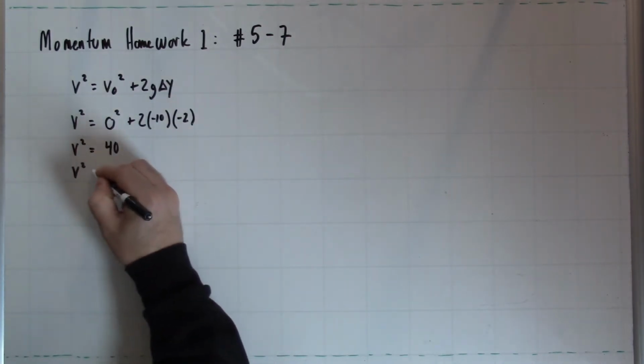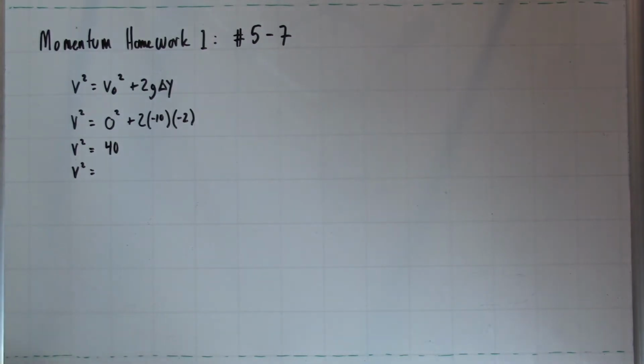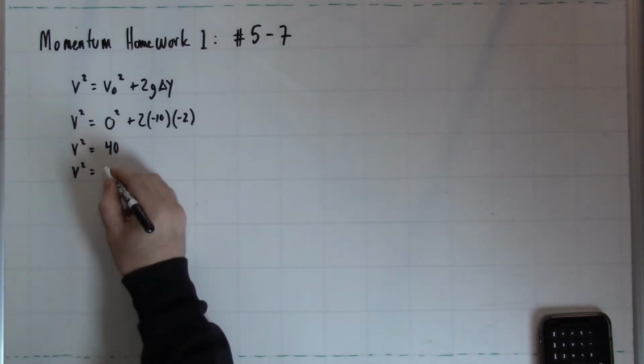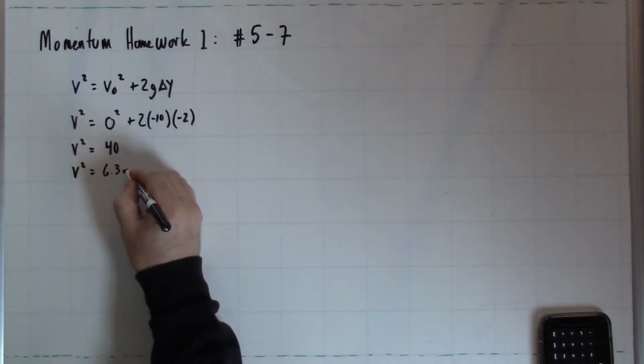So v squared is equal to 40, so what is root 40? Okay, 6.3 meters per second.